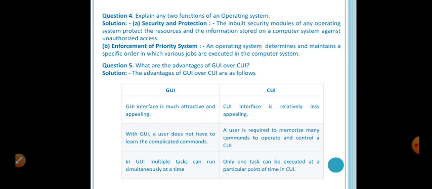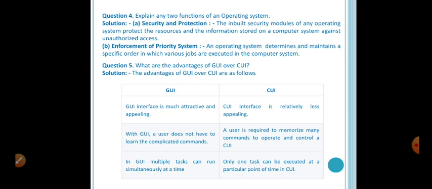This is your first function. Second one, enforcement of priority system. An operating system determines and maintains a specific order in which various jobs are executed in the computer system. So this is your answer number 4.